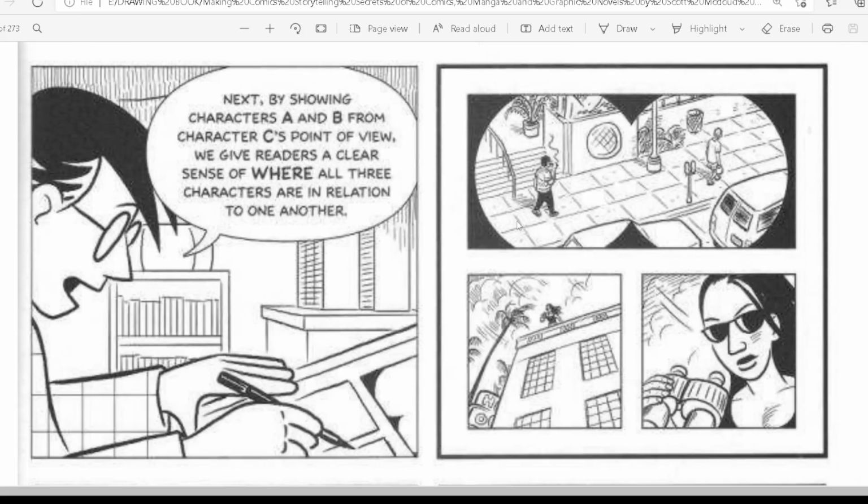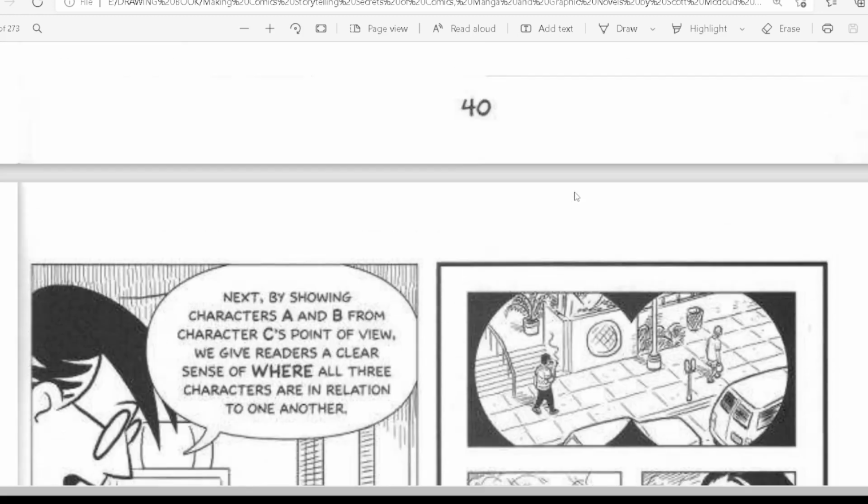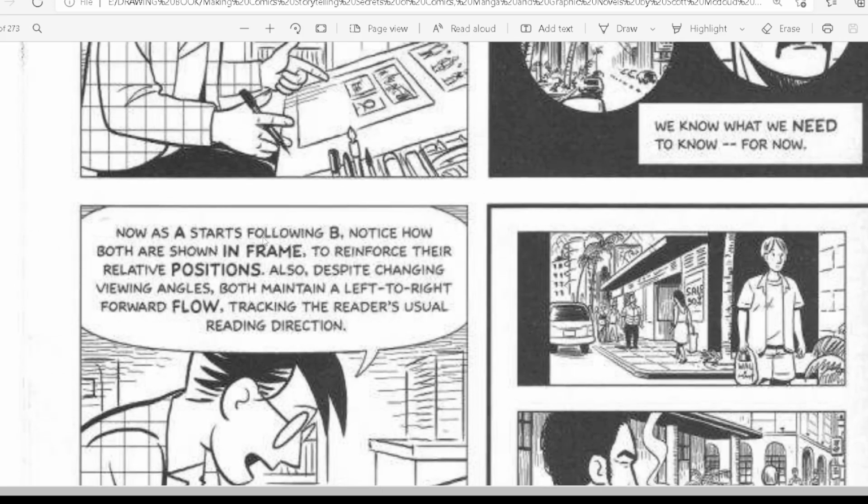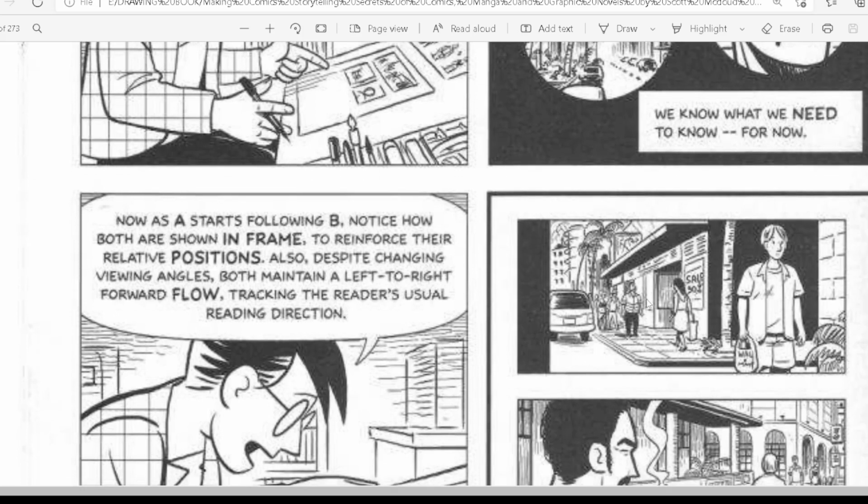Next, by showing characters A and B from character C's point of view. So what is happening actually, you should look at again. Now as A starts following B, in this scene you can see A is behind B, right?